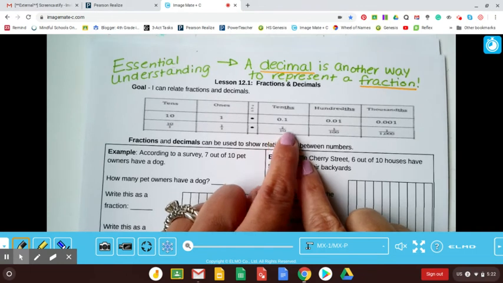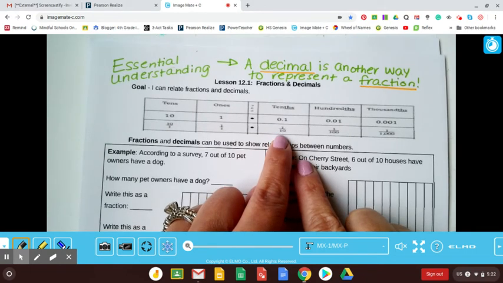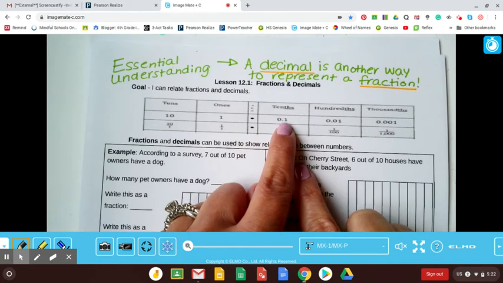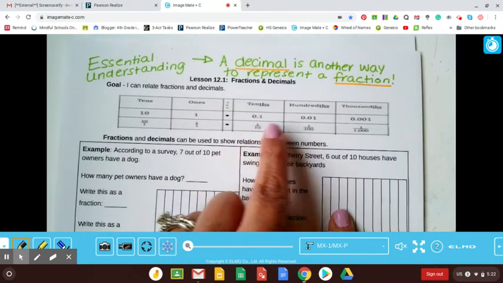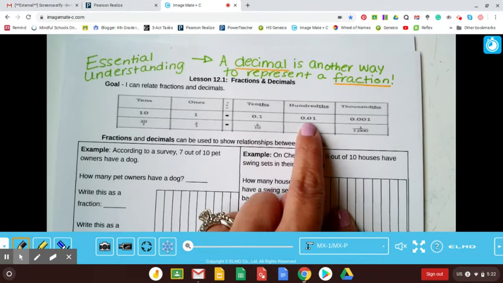So if this right here is 1/10 of something, it's a part of a whole, right? And this is shown as a decimal, 0.1. I can also read it as 1/10, just like the fraction part. If we move over to 1 over 100, we would say 1/100th.